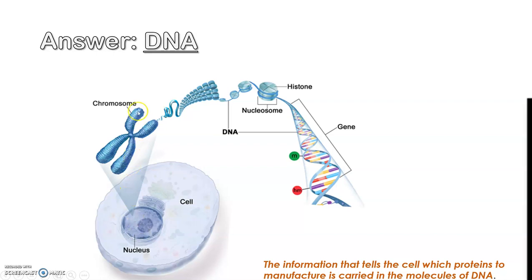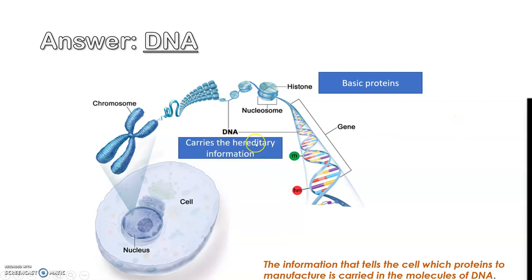Your chromosomes are a complex of DNA with histones. Histone is a protein, meaning your histone is wrapped around by your DNA, which is a double helix, as we all know.